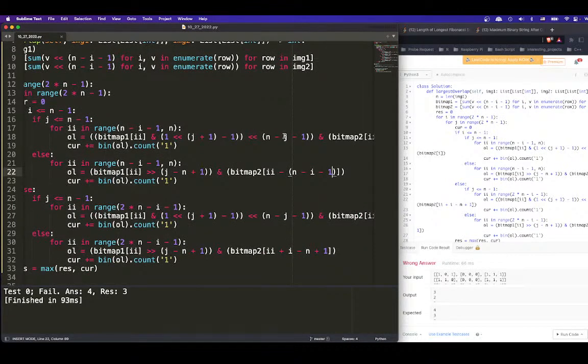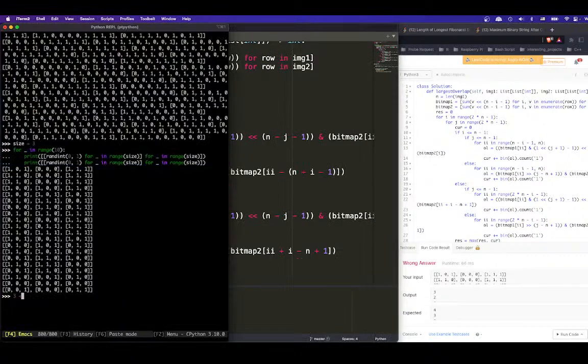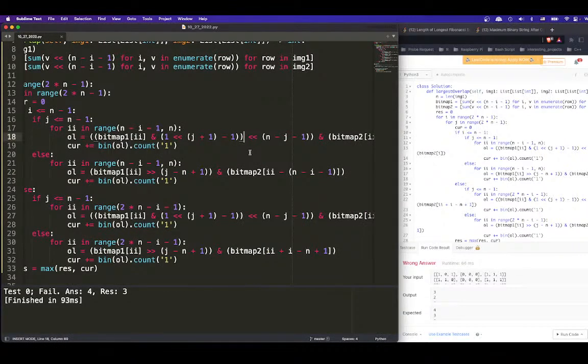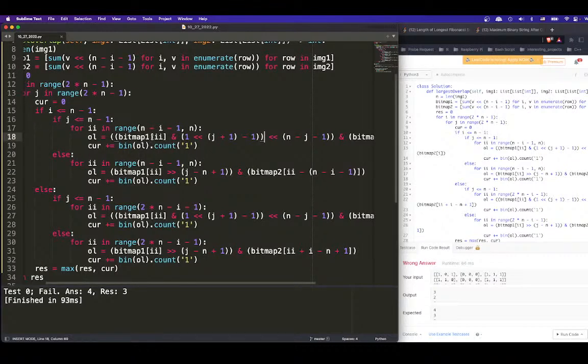j is n minus 1. So we left shift 0, right? And left shift 0 shall maintain the same value. Yeah. So now it's going to be this. And how about this? j is n minus 1. n minus 1 plus 1 is n.